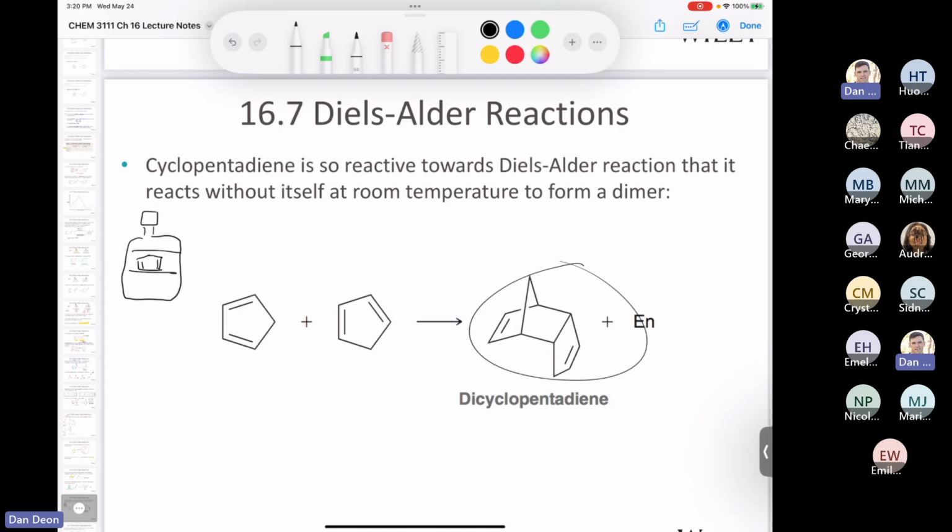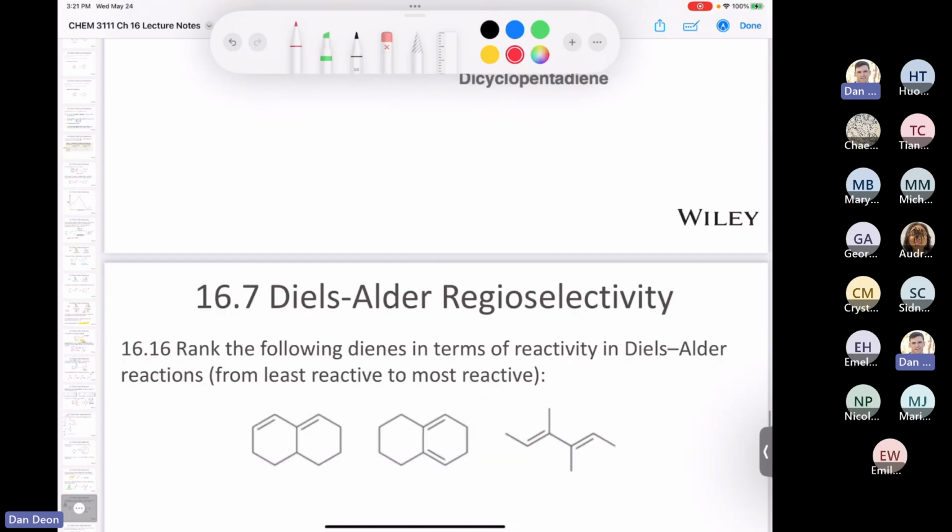And if you're wondering, how do you make this compound then if it's so reactive? Well, think about it. If you subject it to high heat, it's going to do the retro Diels-Alder, and that will give you the starting material back. If that makes any sense to you at all, I still expect you to be able to draw the curved arrows for this because it's just a regular Diels-Alder, but the concept is kind of an interesting one here, right?